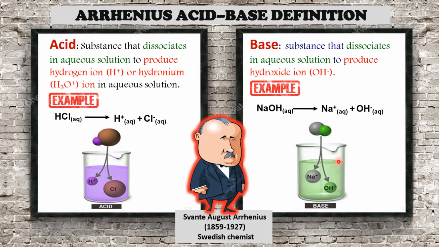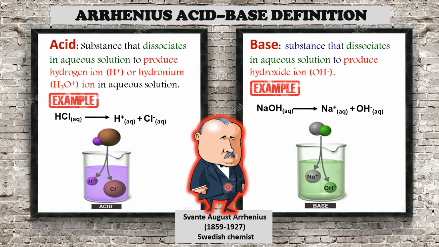So we take a look at the first, the acid-base definition according to Arrhenius. The Arrhenius theory was originally proposed by the Swedish chemist Svante August Arrhenius in 1884.